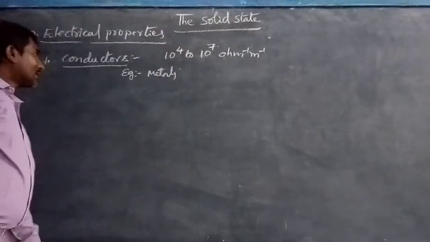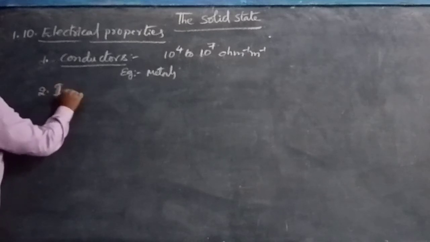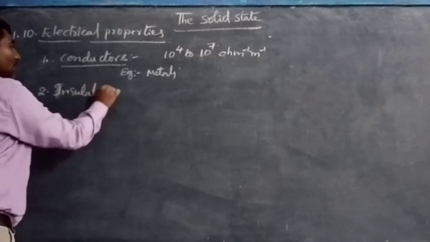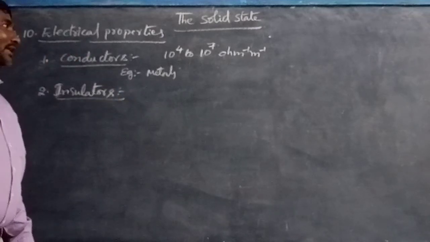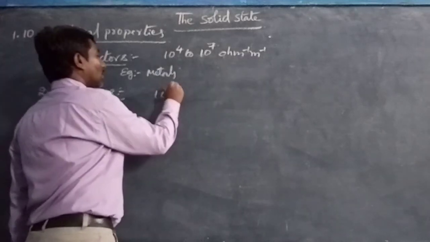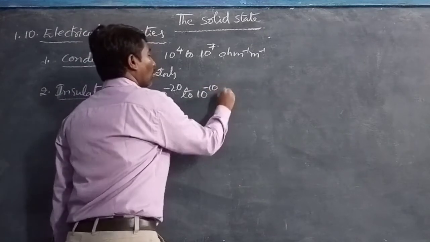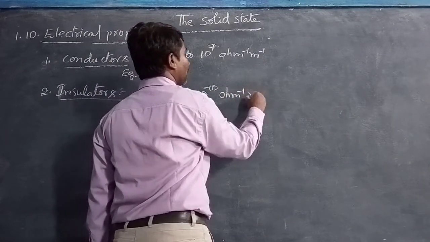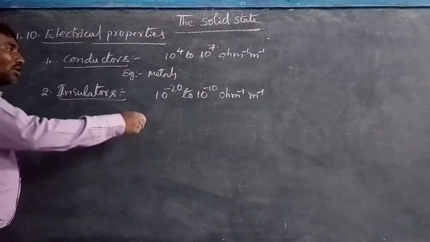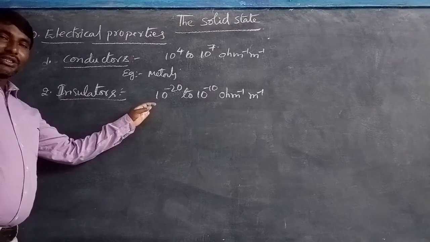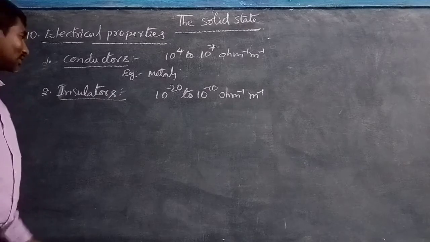The second one is insulators. The substance whose conductivity ranges between 10 to the power of minus 20 to 10 to the power of minus 10 ohm inverse meter inverse is called an insulator.